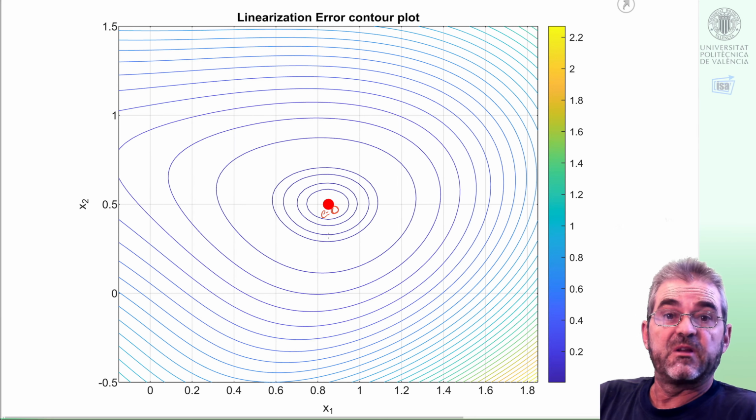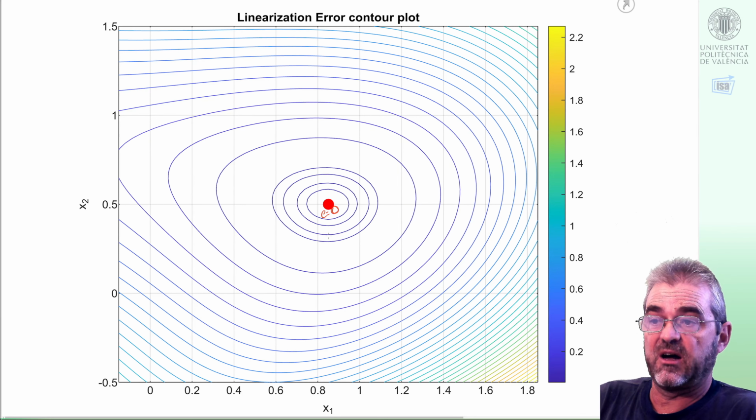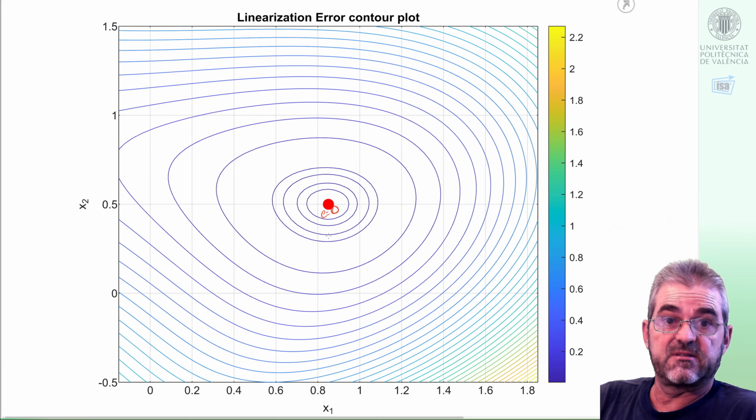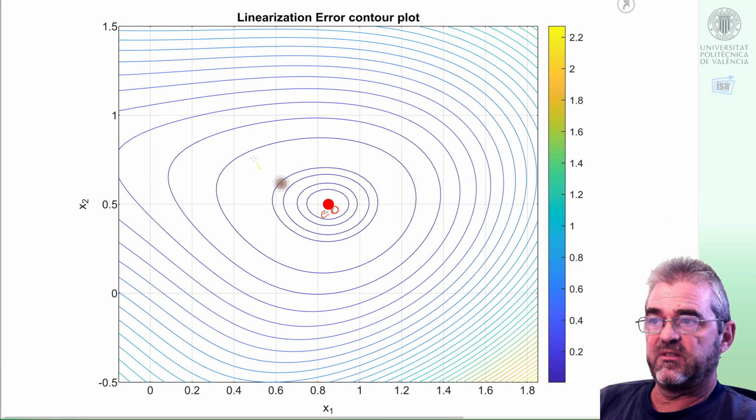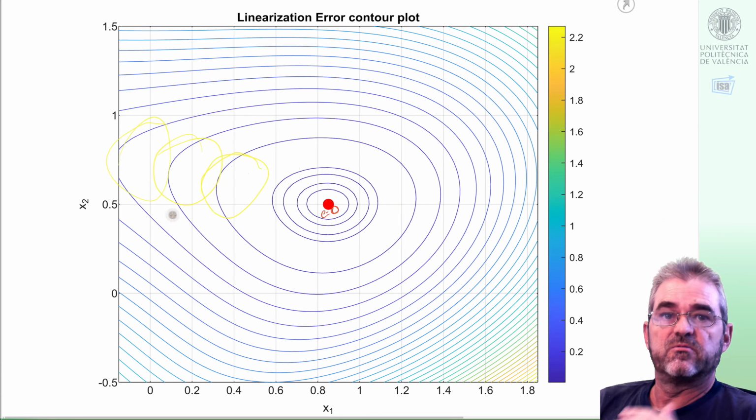But then we have these contours that somehow resemble ellipses close to the tangency point. And somehow they deform due to the nonlinearities.